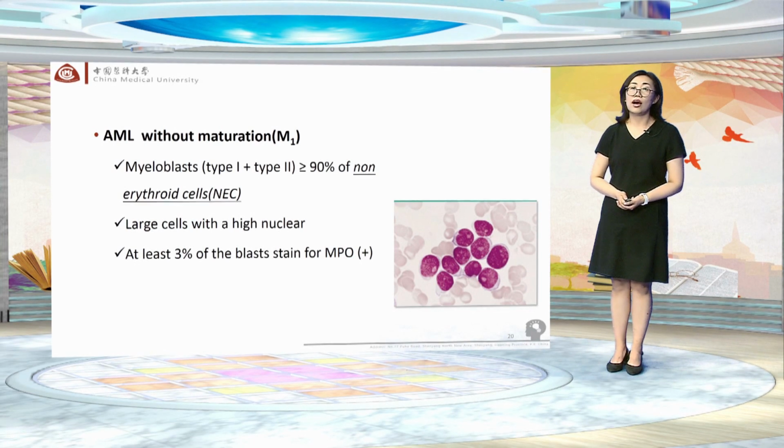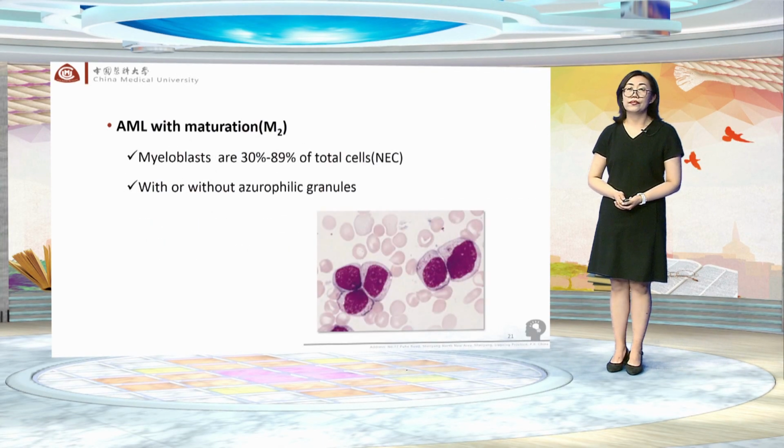Large cells with a high nuclear ratio, and at least 3% of the blasts are MPO positive. M2 is the AML with maturation. Myeloblasts are 30 to 89% of NEC, with or without eosinophilic granules.